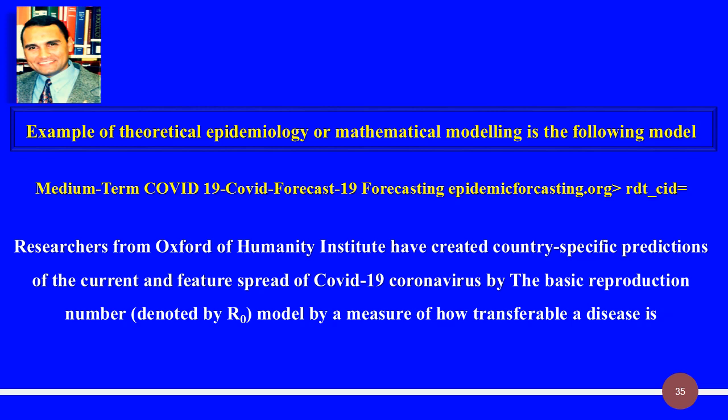Researchers from the Oxford Future of Humanity Institute have created country-specific predictions of the current and future spread of COVID-19 coronavirus by the basic reproduction number, denoted by R0, a model measuring how transferable a disease is, meaning how this virus is transmitted to whom and how many.